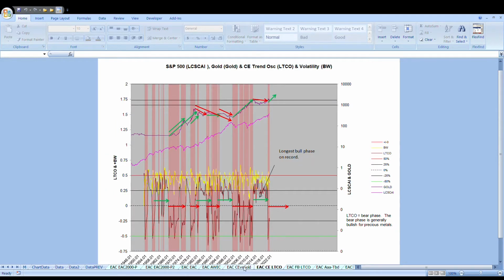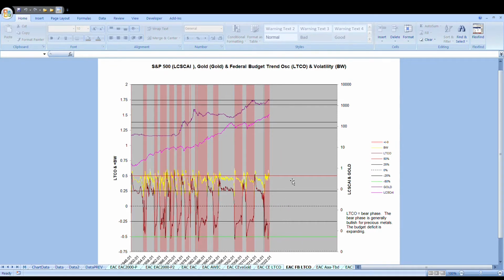Here's the confidence relative to gold, confidence oscillator. Again, descriptions here. You can follow these red shaded regions. These are bear phases, and I've talked about them further into detail in their own separate reviews. This is the federal budget oscillator, which is there. Again, the computer's description here pretty much explains everything you need to know.